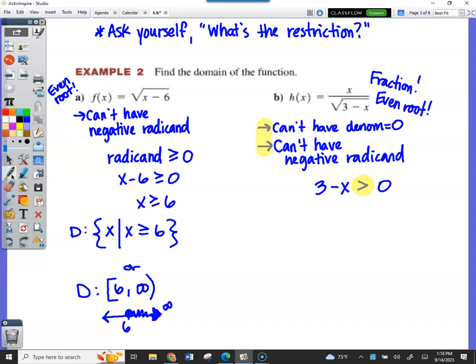So solve it. I'd subtract 3. And then I would flip the sign, and I'm going to draw another little exclamation point, like, watch out, what I just did here.